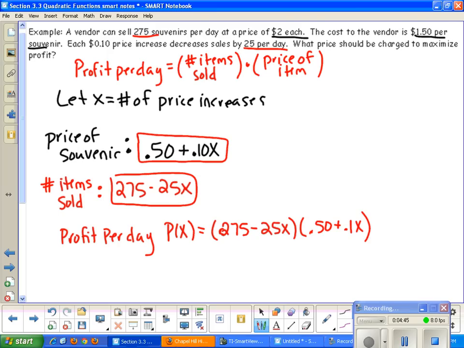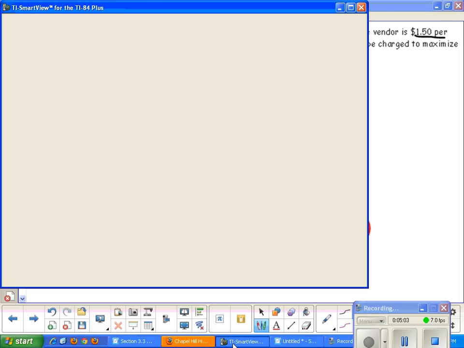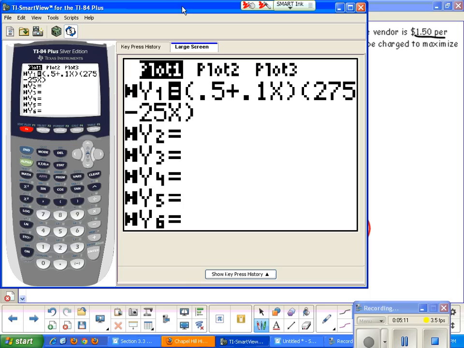Now, I want to figure out the price that's going to give me my maximum profit. If I were to multiply this out, the polynomial would be a quadratic equation, so I'm going to go to my calculator and plug it into my y equals. I could multiply it out and then do negative b over 2a, but sometimes just plugging in your calculator is easier.